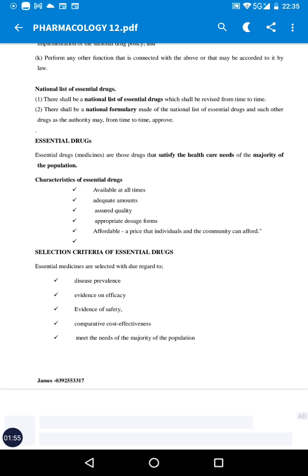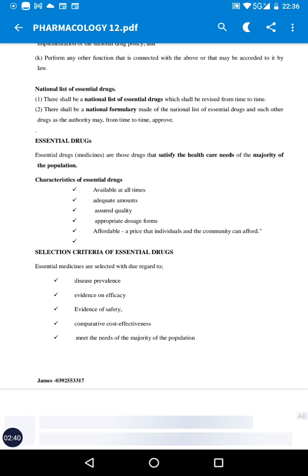They are needed by few people because they treat specific conditions or diseases. Drugs that treat conditions like cancer do not satisfy the needs of the majority, compared to drugs that treat common diseases like malaria and candidiasis. Those could be some of the essential drugs that satisfy the health care needs of the majority of the population.